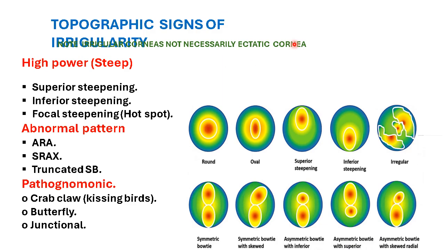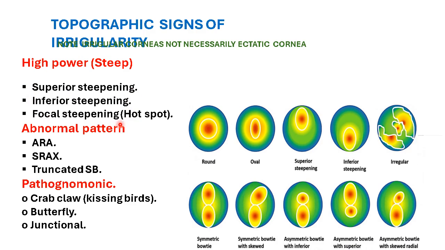The pattern of irregularity can take two forms: either changes in the power or steepness of the cornea, or changes in the pattern of the cornea. The power changes take the form of either superior steepening, inferior steepening, or focal steepening of the cornea.